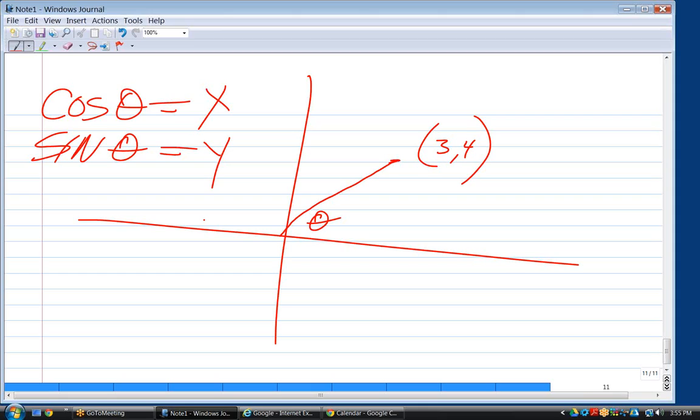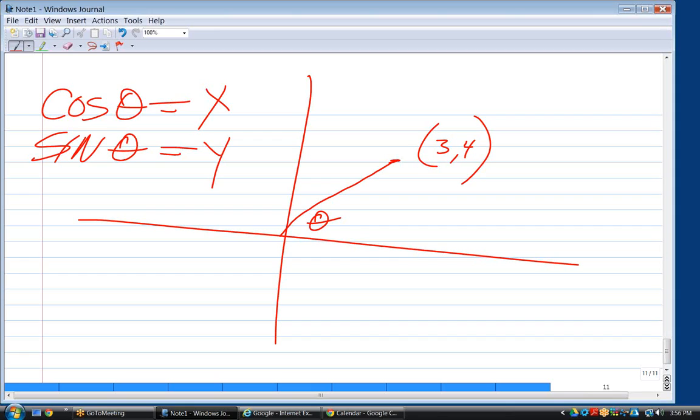So would it just be 3? No. Hold on. Oh, no, 4. No, you sure it's 3 comma 4? Yeah. Okay. This is not a unit circle.